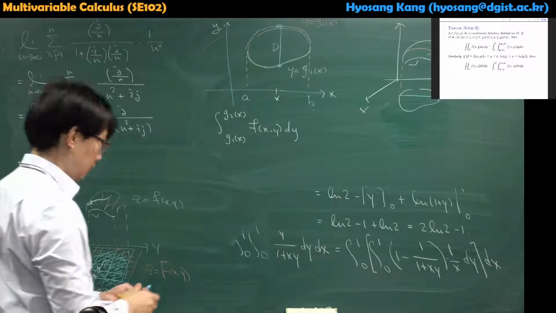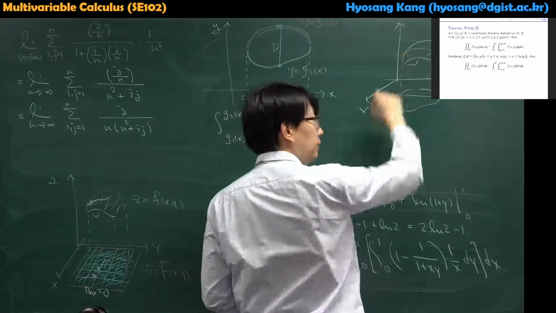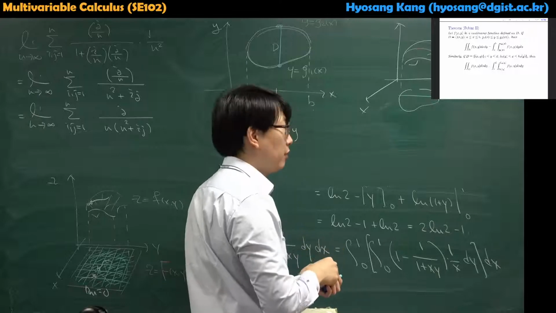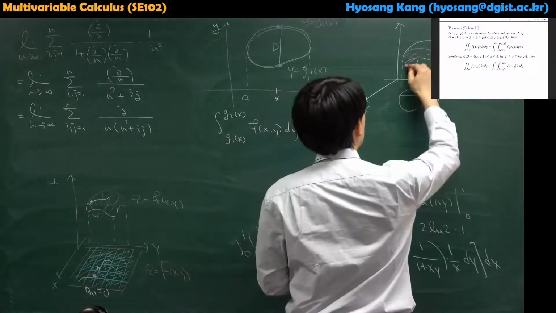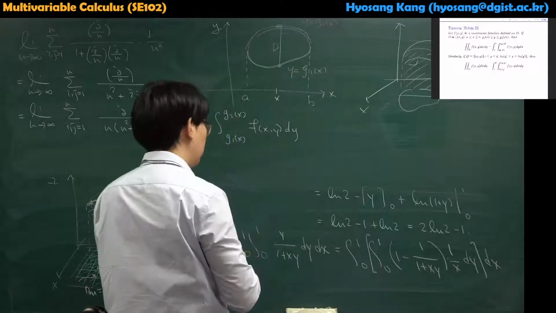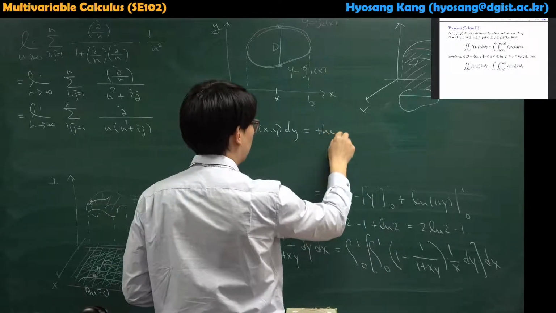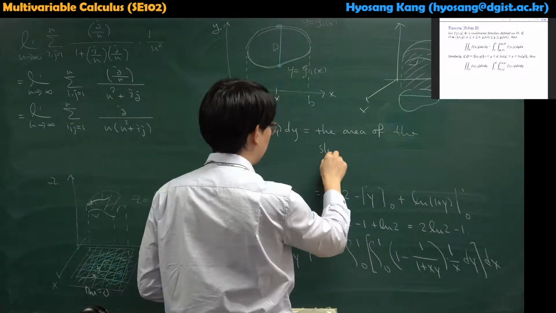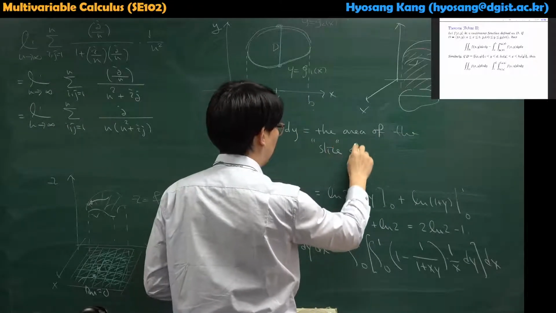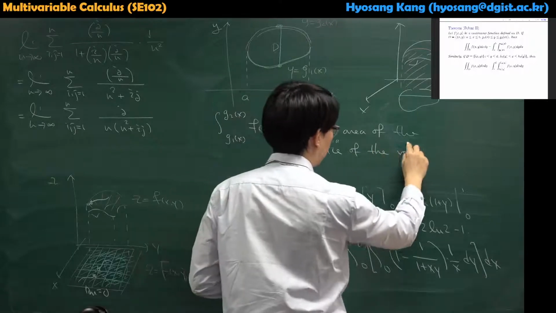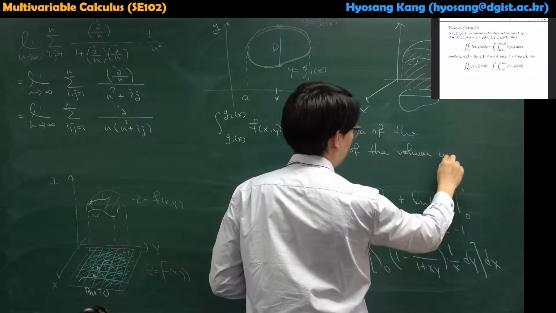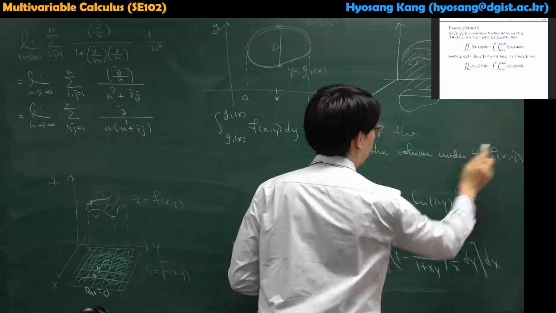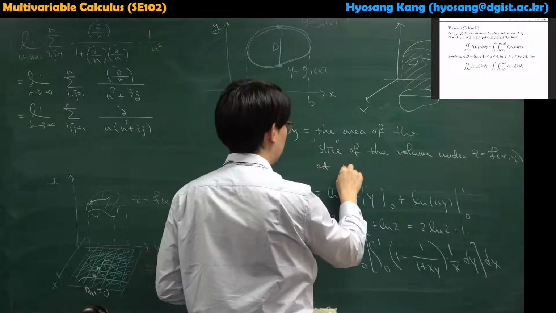I compute the area of this slice of the volume under the graph z equals f(x,y) at x.